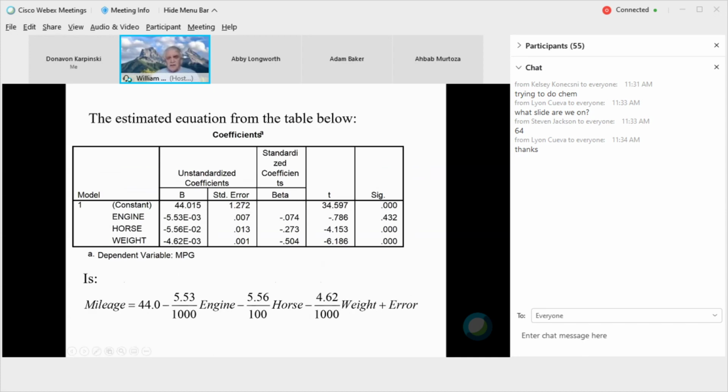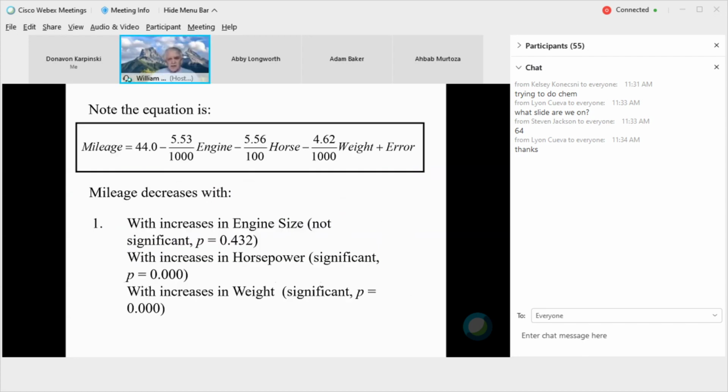The constant term is really the predicted mileage for a car that has 0 engine size, 0 horsepower, 0 weight. So there's the equation for predicting mileage from engine size, horsepower, and weight.